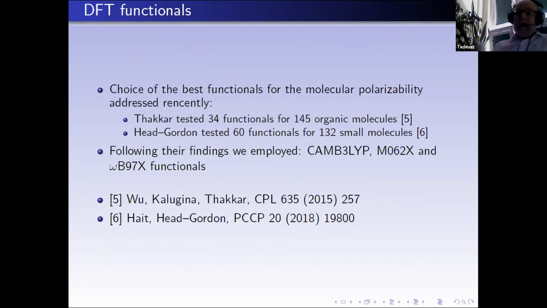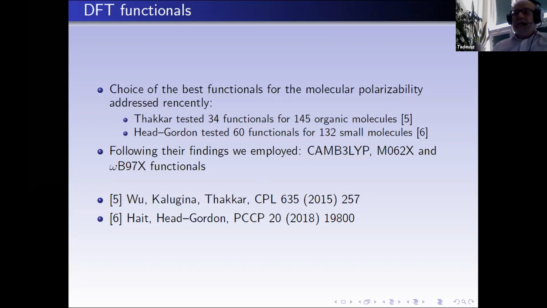Now, we use standard time-dependent DFT method. So what we have to choose are functionals. Now, the choice of the best functionals for molecular polarizability is not trivial, since there are so many functionals.